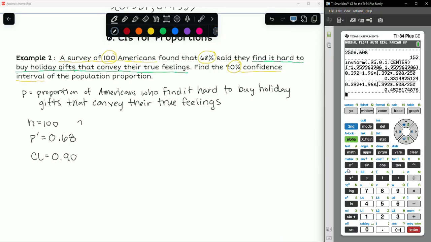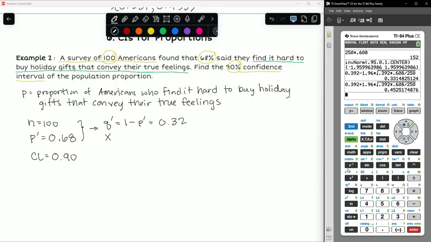I'm going to take these numbers and calculate the things I'm missing. I'm missing a Q prime and I'm missing a number of successes. So for Q prime, I know that's 1 minus P prime, and 1 minus 0.68 is going to be 0.32, assuming I can do math in my head.